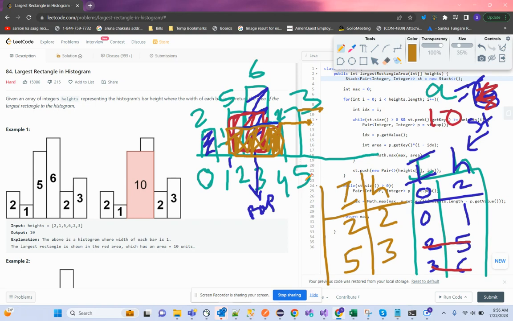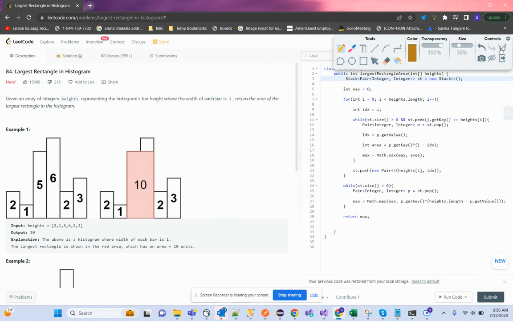This is a hard problem to come to a conclusion, but I hope I have made you understand by the height and by the width. And yes, we can solve in this fashion. Now let's see our code. We are using a stack, and max is nothing but the max area.